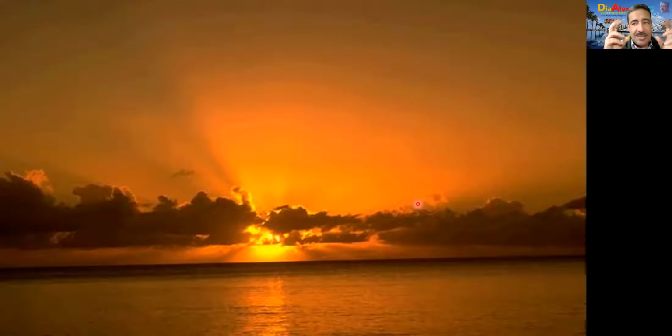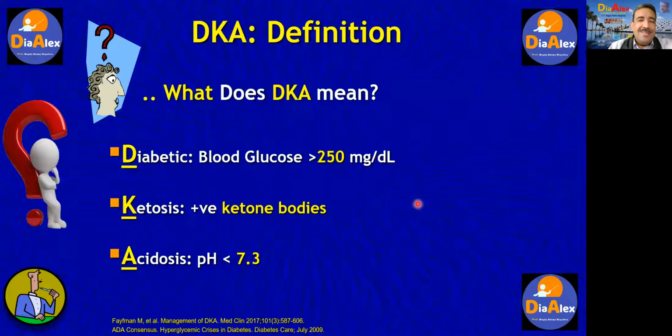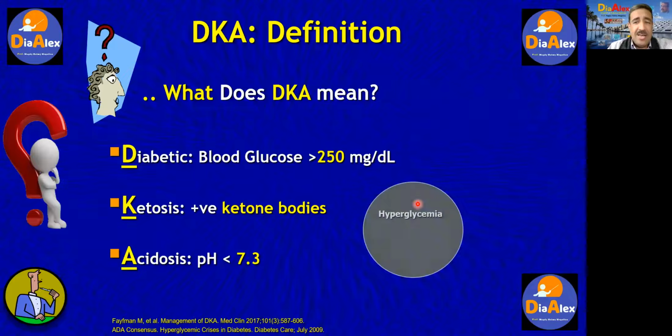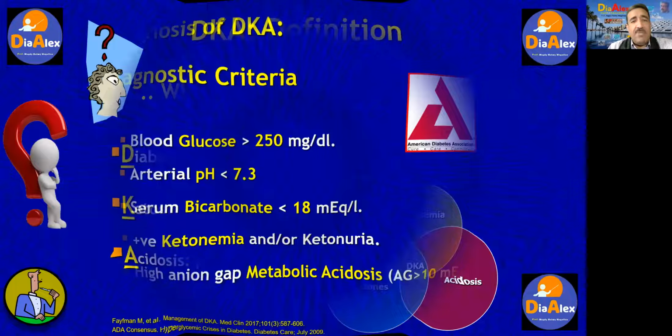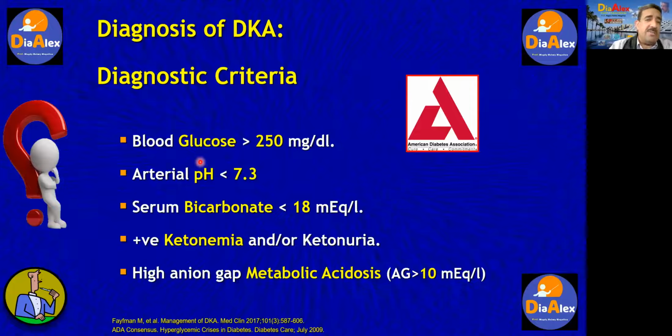But let me end by reminding myself and you that typically DKA has 3 components: hyperglycemia, ketosis, and acidosis, giving D, K, and A. These are the typical diagnostic criteria of DKA: blood glucose more than 250, pH less than 7.3, bicarb less than 18.